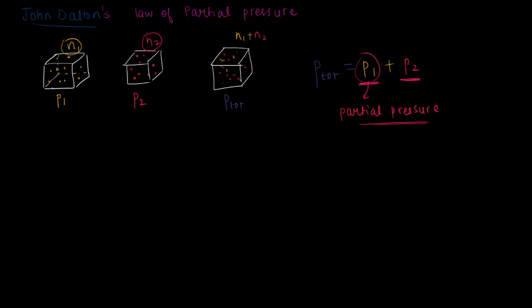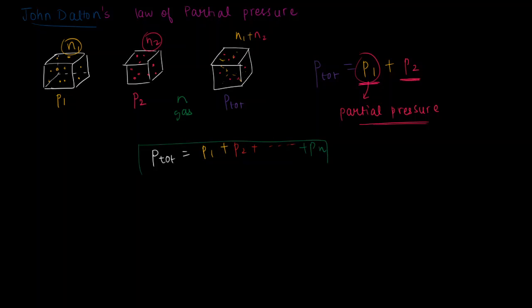So if, instead of having 2 gases, you had N gases, then the expression for the total pressure that the mixture of gases exerts would be written as P total is equal to P1 plus P2 plus so on till Pn.